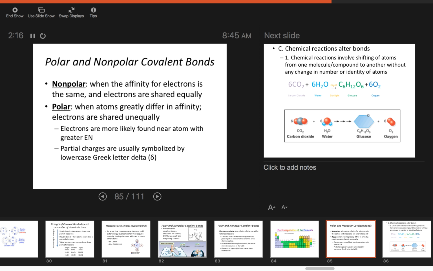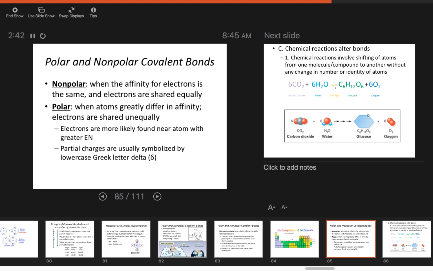Okay, yeah. But electrons are more likely found near the atom with the greater electronegativity value, and partial charges are usually symbolized by a lowercase Greek letter delta. So like what happens with hydrogen chloride, HCl, the electronegativity value of chlorine is 3.0 and hydrogen is 2.1.